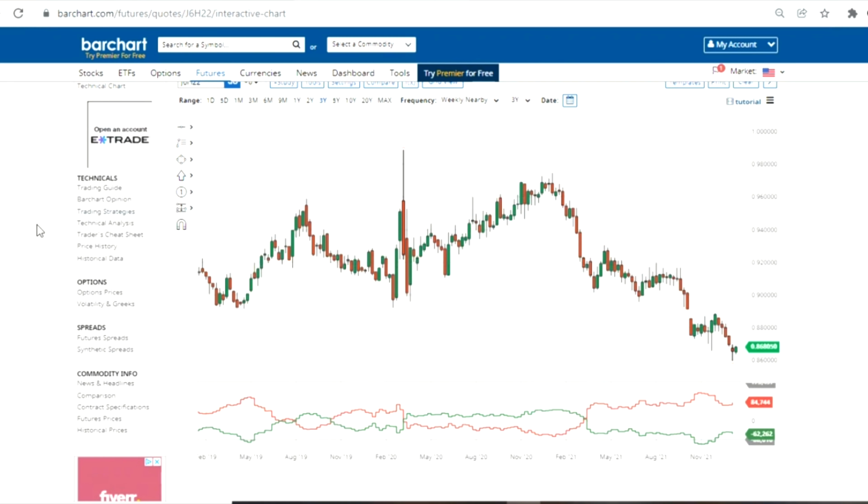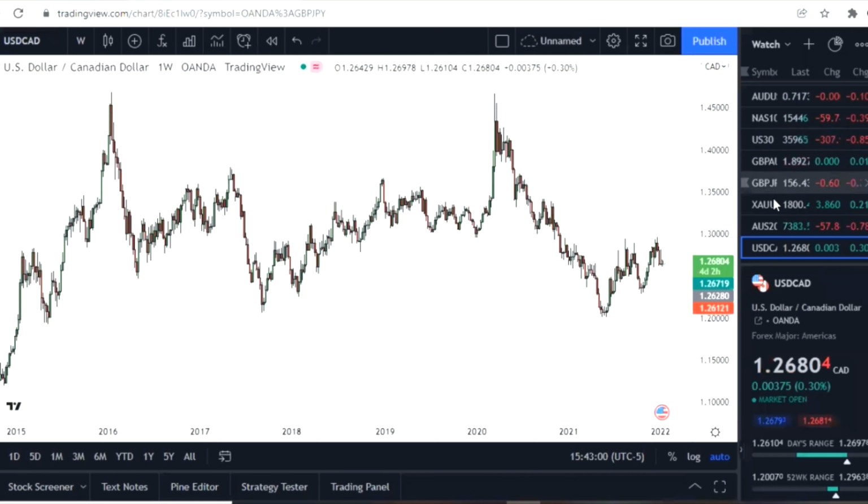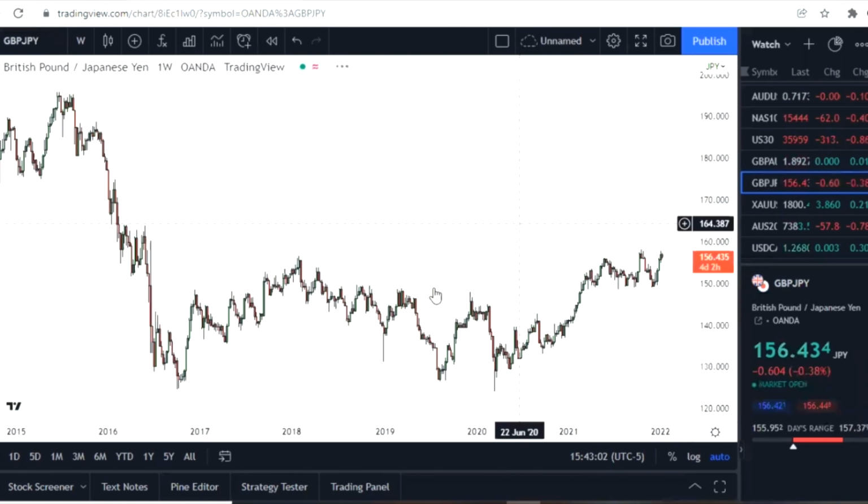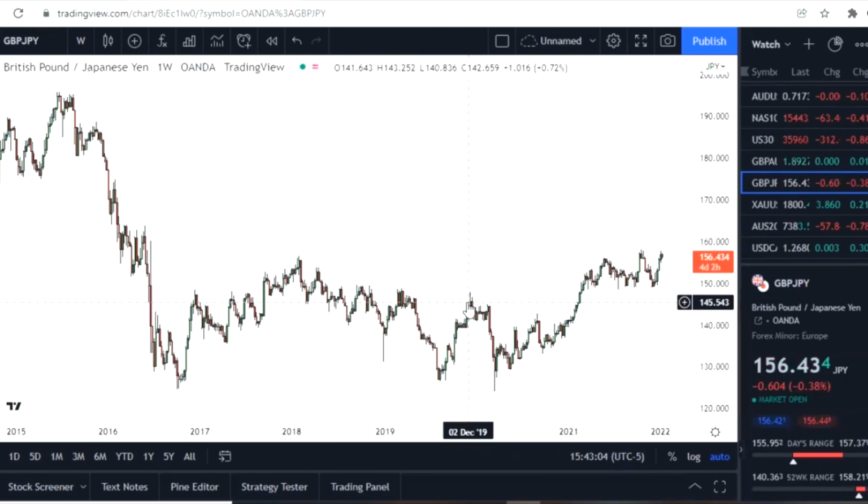And we know that the Bank of England just recently changed their interest rate and they went up, but they have still been overall bullish. And we know that the interest rate differential is in favor of the Great British Pound. So now we're going to look at a TradingView chart and we're going to see what the market looks like.